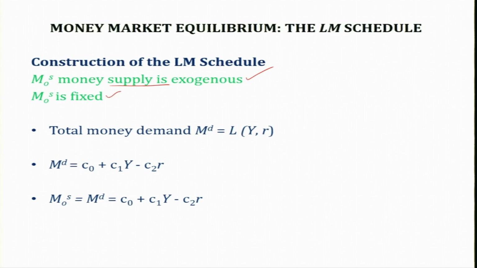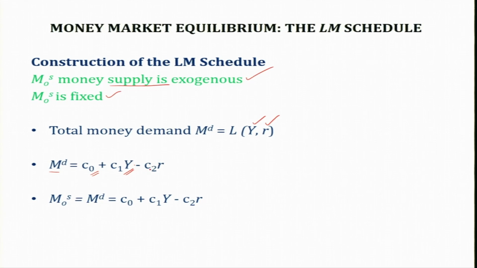So, the total money demand is a function of real income and the rate of interest. We can write that money demand is equal to a fixed component plus a term positively related to GDP, with coefficient C1, and negatively related to the rate of interest, that is minus C2R.